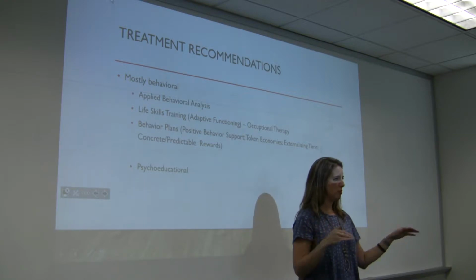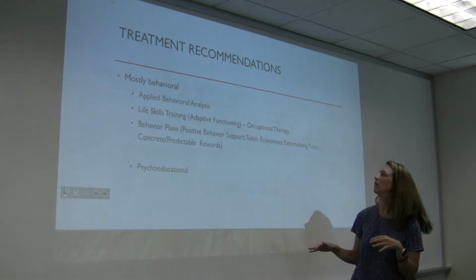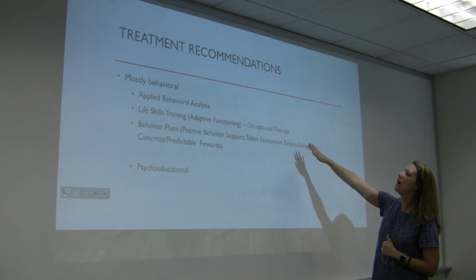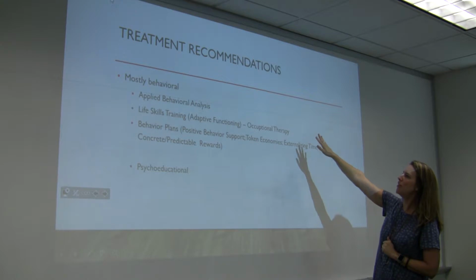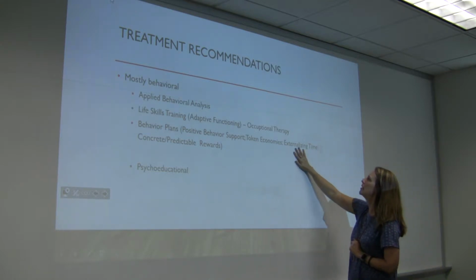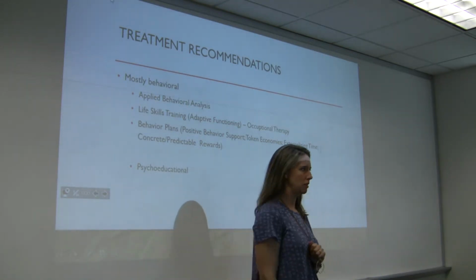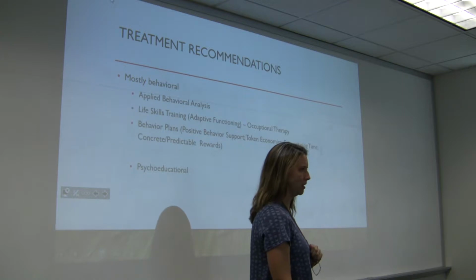Know that rewards are far more effective at changing behavior than punishments, across the board. We see life skills training like occupational therapy, behavior plans like positive behavior support, token economies, externalizing time, and then we have psychoeducation for families. Okay? Any questions about those things?